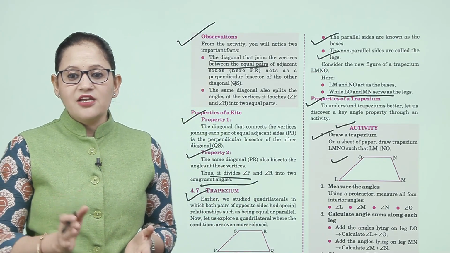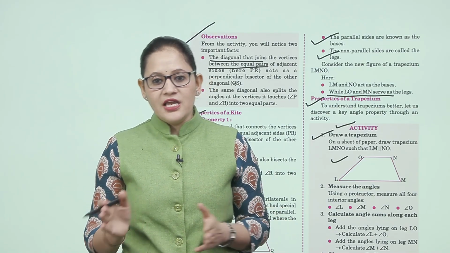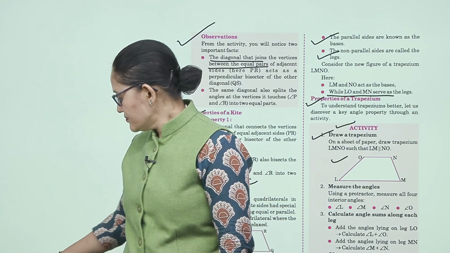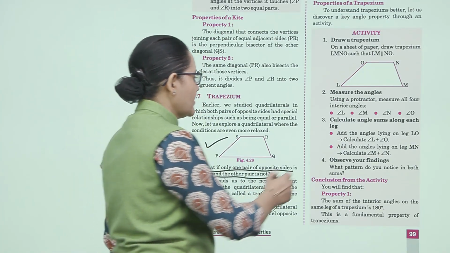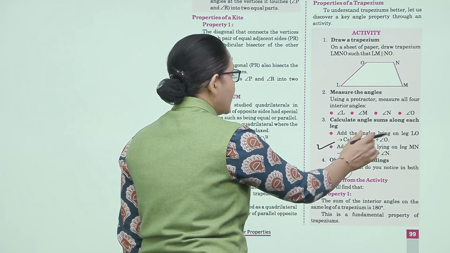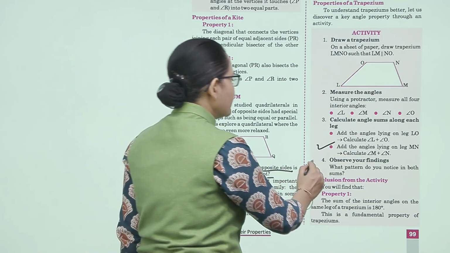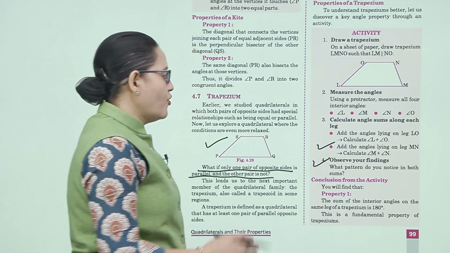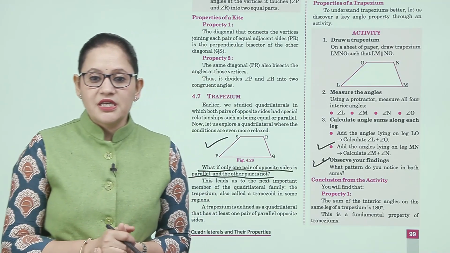Add the angles lying on the leg LO, calculate angle L plus angle O. Add the angles lying on the leg MN, calculate angle M plus angle N. What do you observe? What pattern do you notice in both sums?